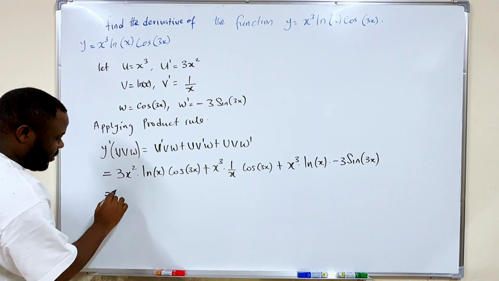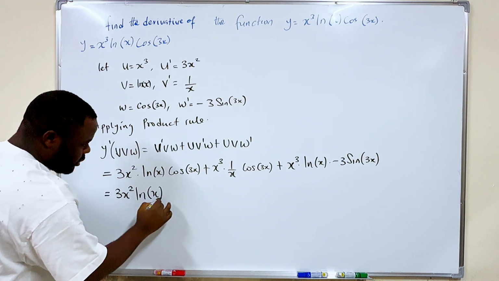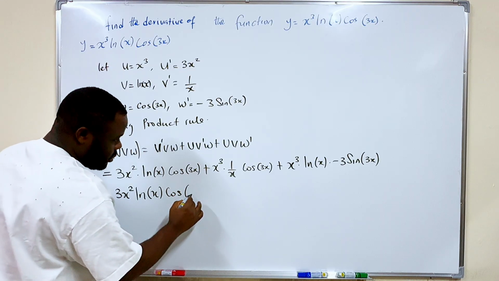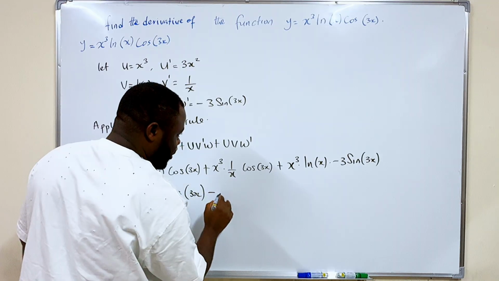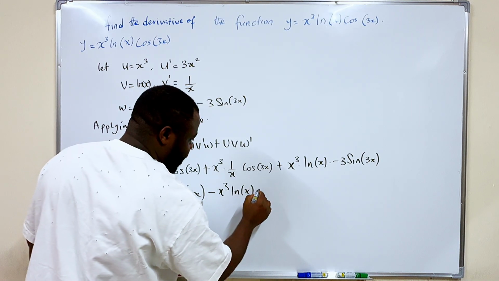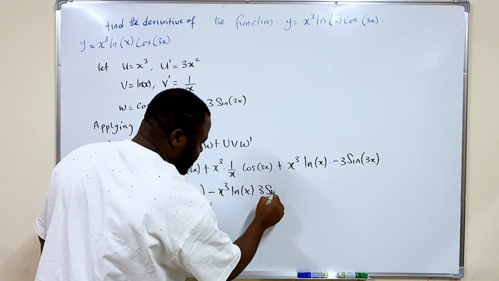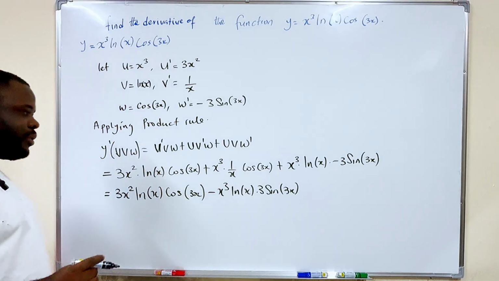So we have 3x squared ln x cos 3x, minus x cubed ln x, then 3 sine 3x.